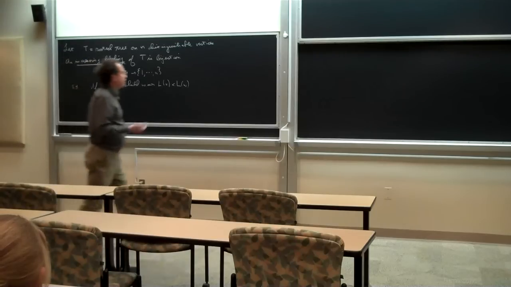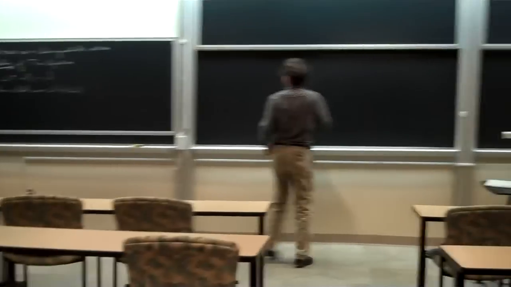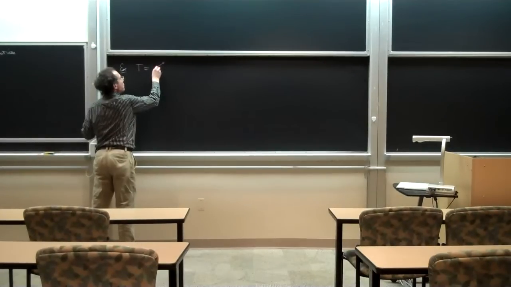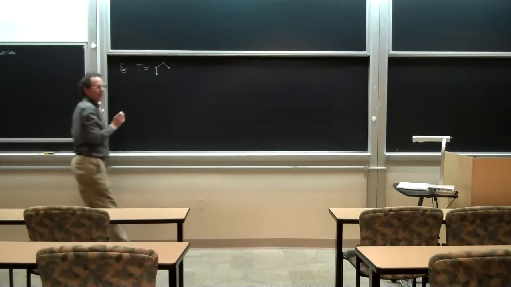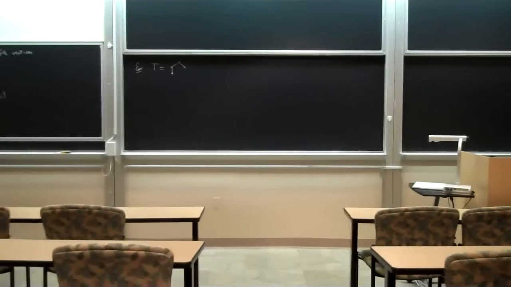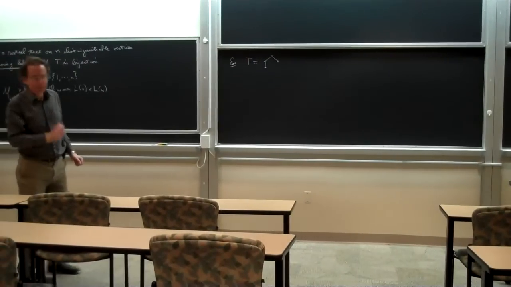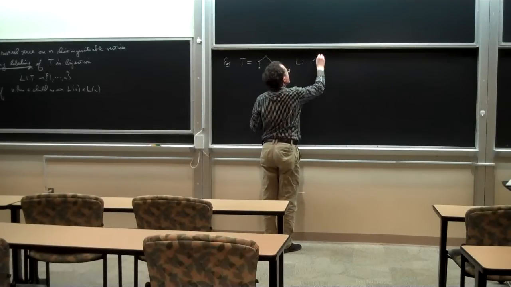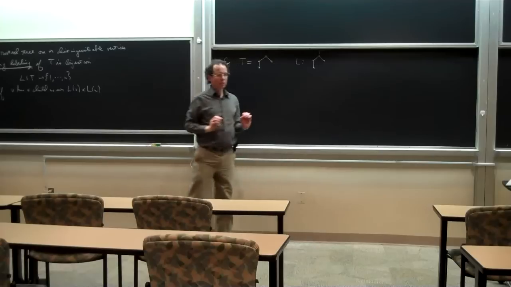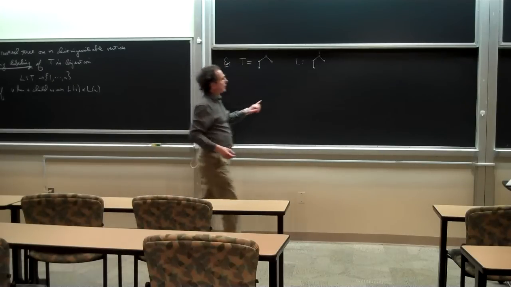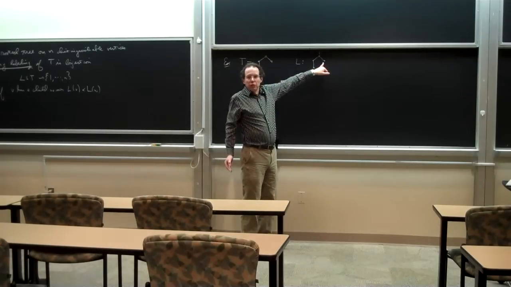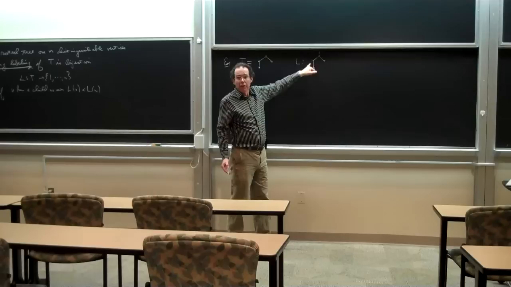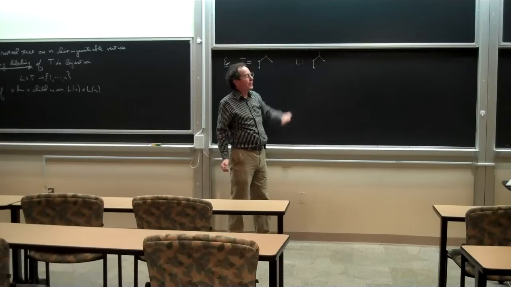Okay, quick example. Suppose I had this tree, and I'll put my root on top, opposite to the biological norm, but consistent with the way computer scientists like to do things. So what are the labelings going to look like? Clearly the root, because it's above everything, has got to get the smallest label of 1. Then I can choose any of the numbers 2 through 4 to go on this vertex. Once I've done that, the rest is determined, because I've got to put the other 2 labels that are left down here in increasing order.